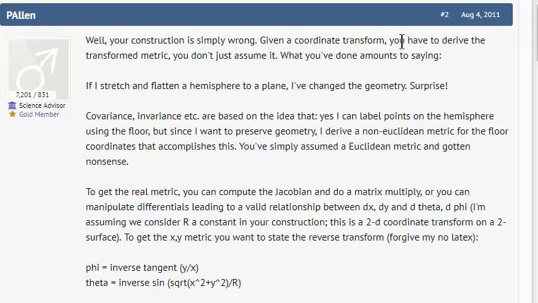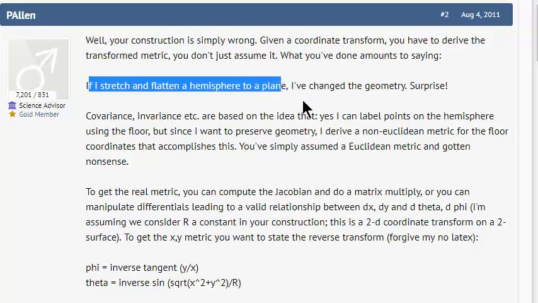Well, no, his construction wasn't wrong, and his transformed metric was not incorrect. He had the correct metric, and he didn't stretch or flatten a hemisphere to a plane, he just projected it. And that changed the geometry.